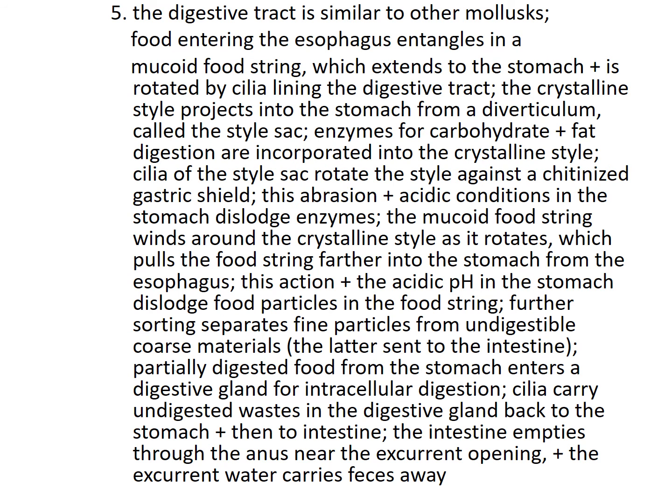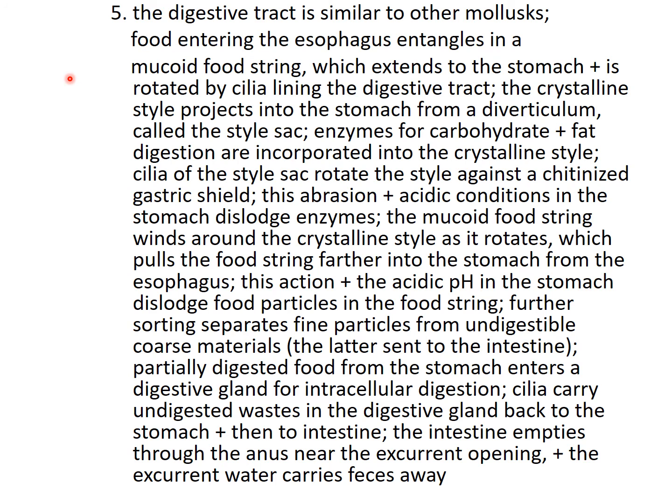The actual process of digestion in bivalves is pretty complex, although it is similar to other mollusks. So food entering the esophagus gets entangled in this mucoid food string, and it extends all the way to the stomach. And it's rotated by cilia lining the digestive tract.